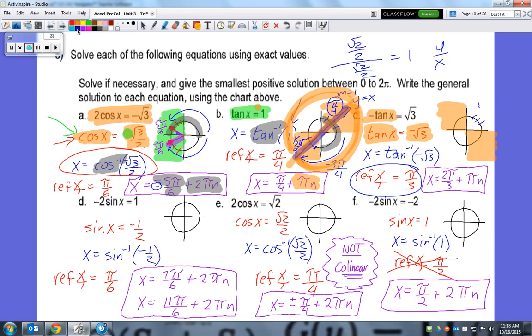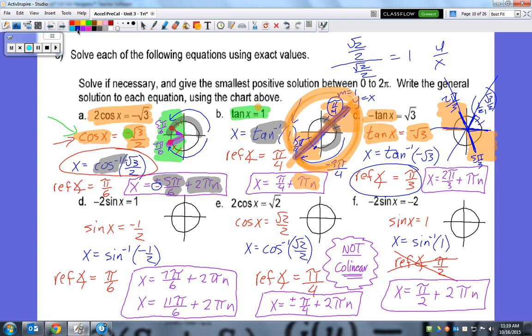So 3, 2, 1, and then 3, 2, 1. If I did y over x, I'm going to get root 3. But because I'm in quadrants 2 and 4, it's going to show that reference angle-wise, this would also exist in quadrant 2 right here as being 2 pi over 3. Or reference angle-wise in quadrant 4 would be 1, 2, 3, 4, 5 pi over 3.